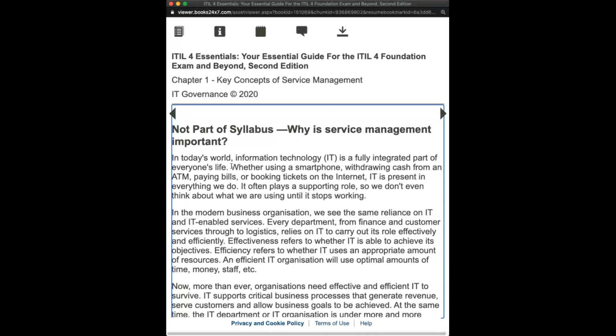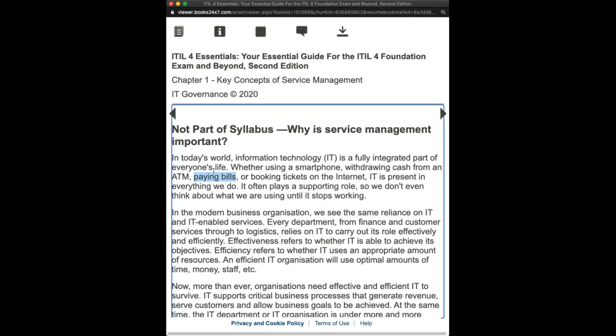And as we stated here, whether using a smartphone, right? So we bought it. Withdrawing cash from an ATM, we do want it to function correctly when we withdraw the cash, right? If we withdraw 100, let's say, yen, we don't want our account to be deducted for like 200 yen, right? Or maybe if we try to withdraw and it doesn't work, we don't want that.